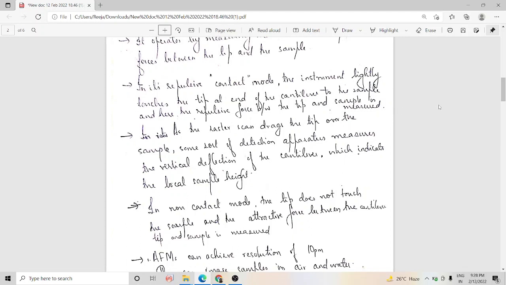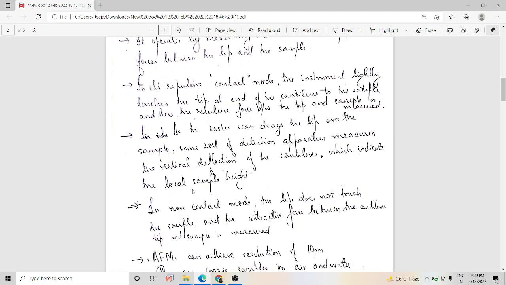As the raster scan drags the tip over the sample, our cantilever suffers vertical deflection depending on the heights and depressions on the surface. This vertical deflection is measured using a detector, and this indicates the local sample height, the height of the sample at that position.